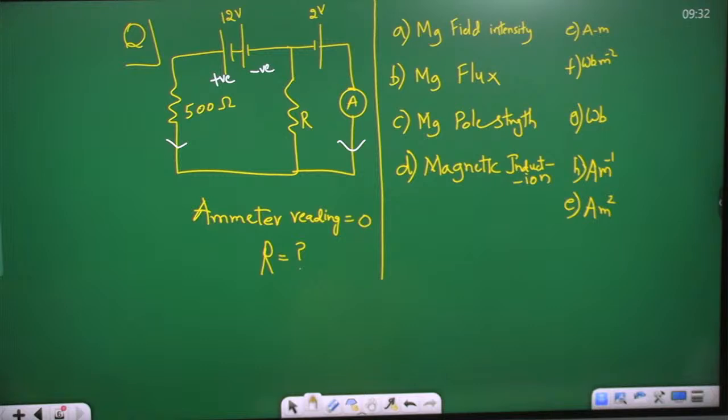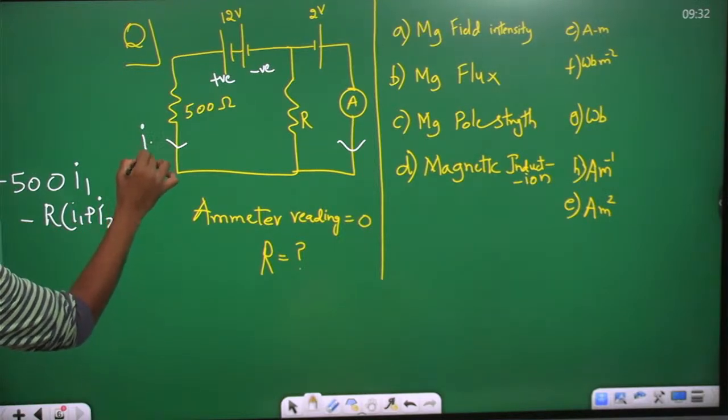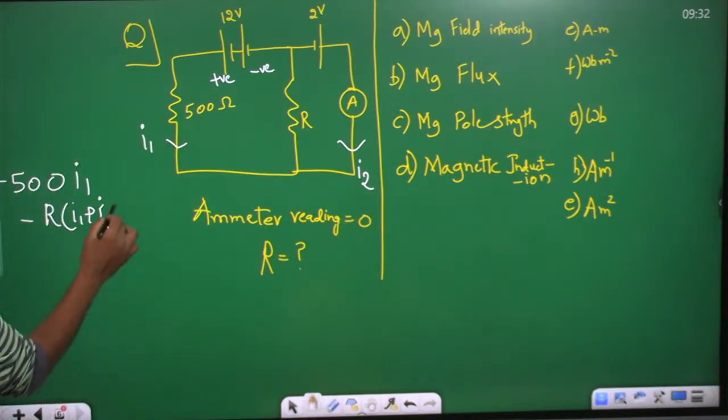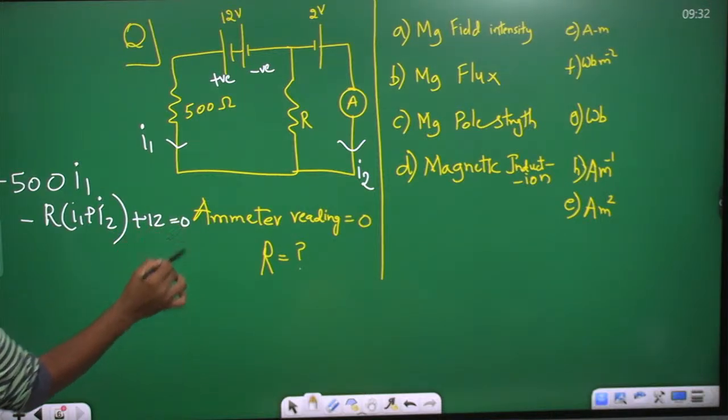So if you try to apply Kirchhoff's law for a left side loop, it will be 500 minus 500 I1, minus R into (I1 plus I2). I take this as I1, I take this as I2, plus 12 is equal to 0, right? First left loop.